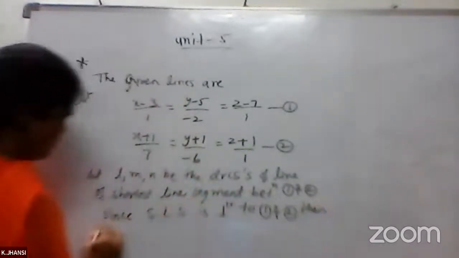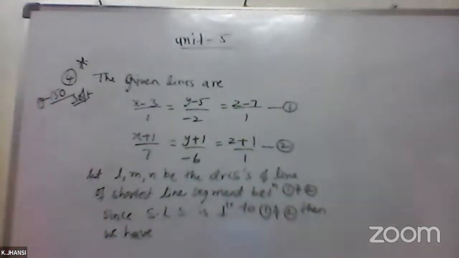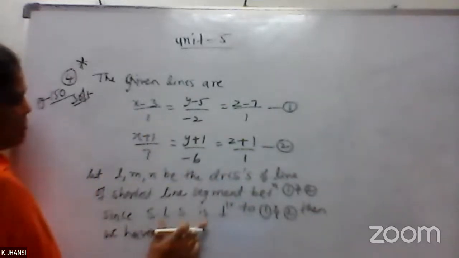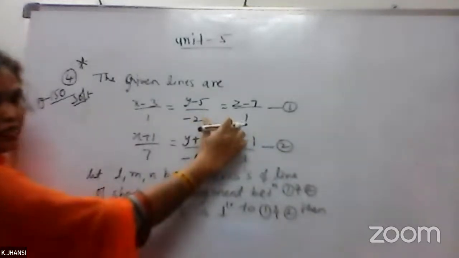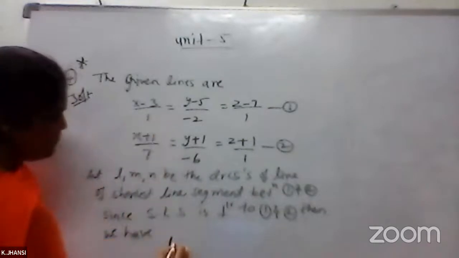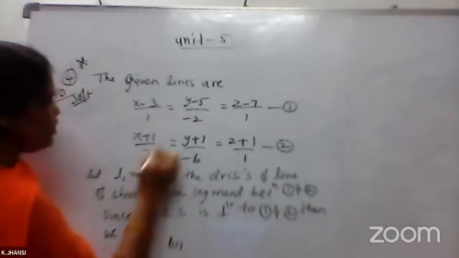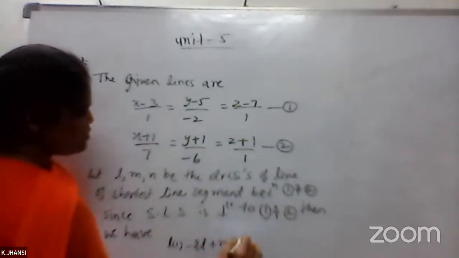Then we have, when it is perpendicular to both, we'll get two equations. Whatever L, M, N is there, you have to multiply with the direction ratios of the two given line equations. So you will get L into 1, that is 1 into L minus 2M plus N equals 0.